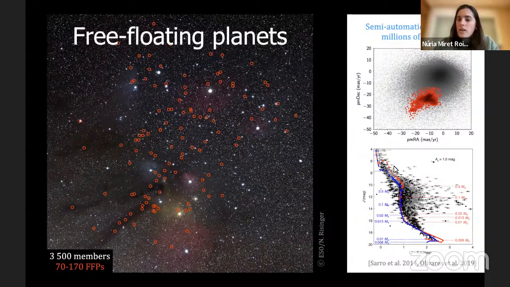So this on one side, and also on the other side, we looked for members that follow this isochrone of objects around 3 to 10 million years. And combining this information is how we could discover this family.